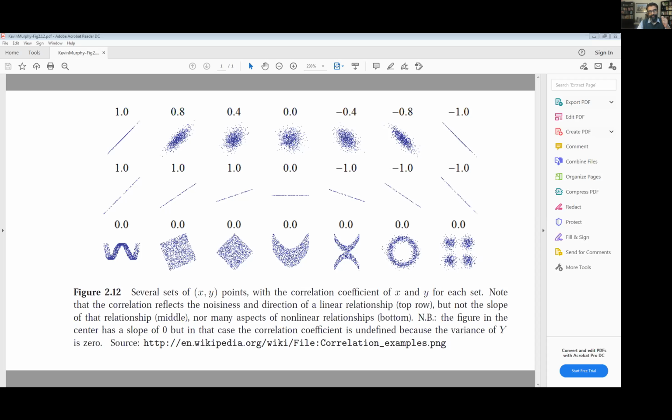And the majority of these cases are examples of that, right? So this distribution corresponds to two random variables which are dependent on each other. These are not independent random variables, yet their correlation coefficient turns out to be 0.